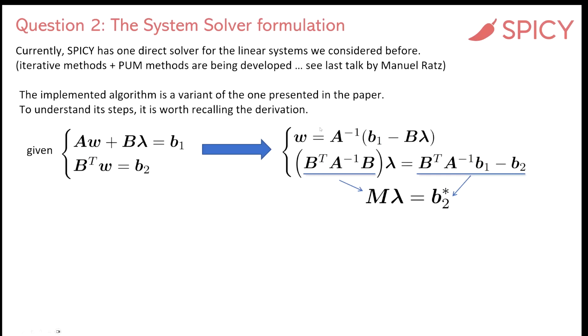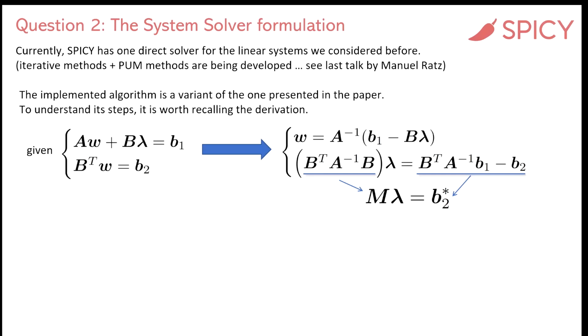So you will obtain this equation here, and then insert this result into the second one, and what you will obtain is a linear system for the Lagrange multipliers. Now what you should notice here is that you have the matrix A inverse appearing two times, and both of the times it's multiplied on the left by B transpose.